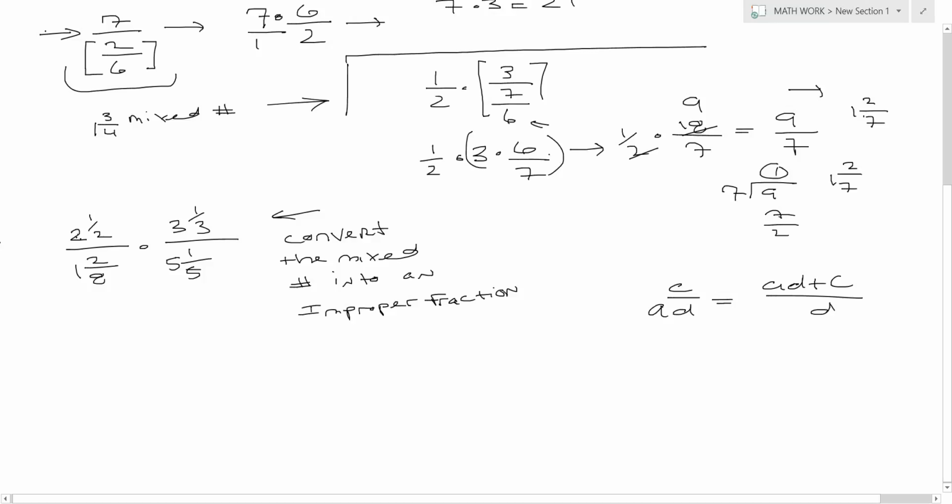So the product 4 plus 1 is 5, divided by D, which is 2. 8 times 1 is 8, so the product of A and D, plus this guy, so 8, 10, right? Oh god, I did that again, it's supposed to be a 1/4. I was wondering why. That's 10/8, but we can reduce that.